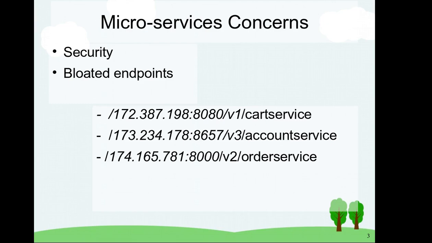So we need some form of singular endpoint for all of them, so that endpoint serves as the entry point to our system, and we find a way to route the request within the system to the appropriate service. So the solution to that is in the next slide.